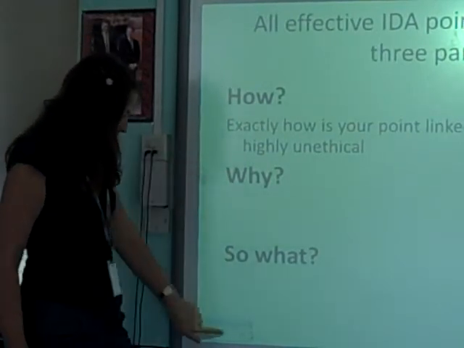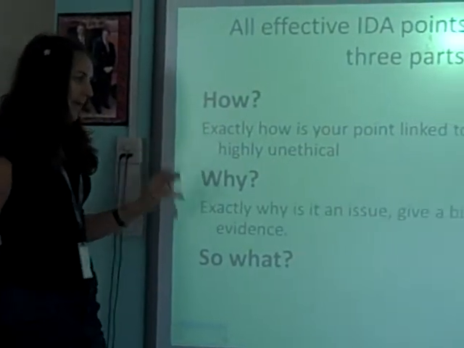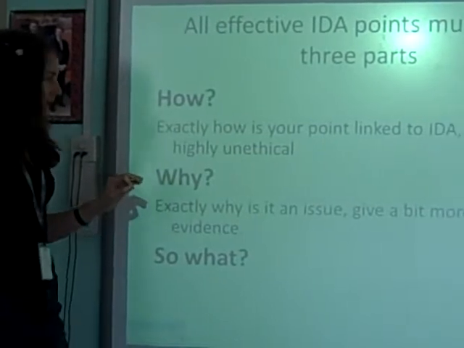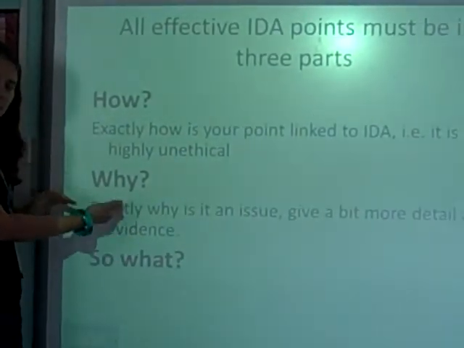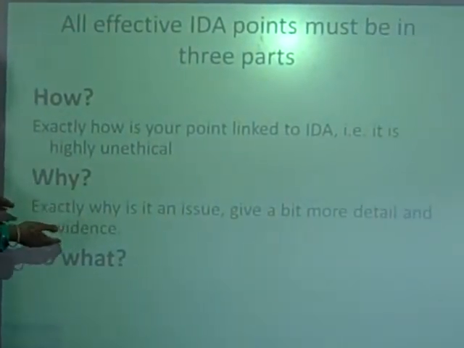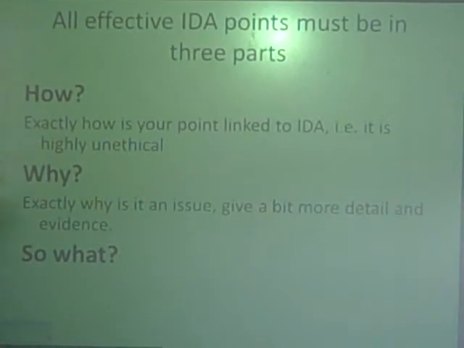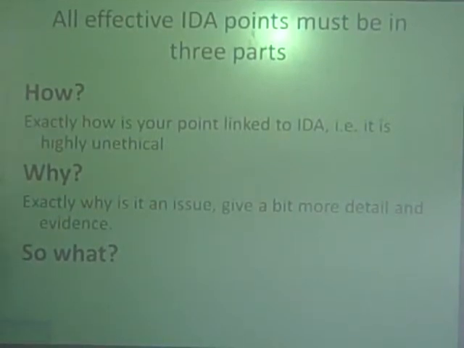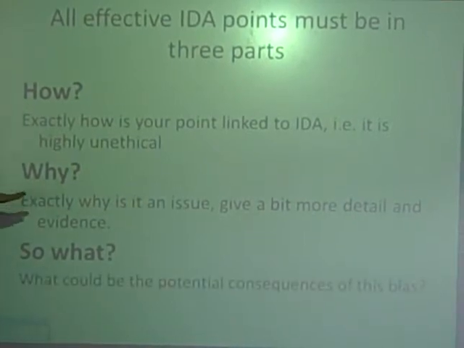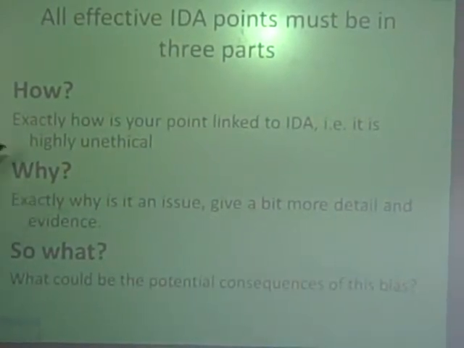Then the why is giving a bit more detail of evidence. So you said it's unethical here, so from the evidence you've got, why is it unethical? What about the study is unethical? Now the so what is the bit that people forget to do, and this is the bit that's going to get you that really high mark. So what that it's unethical?